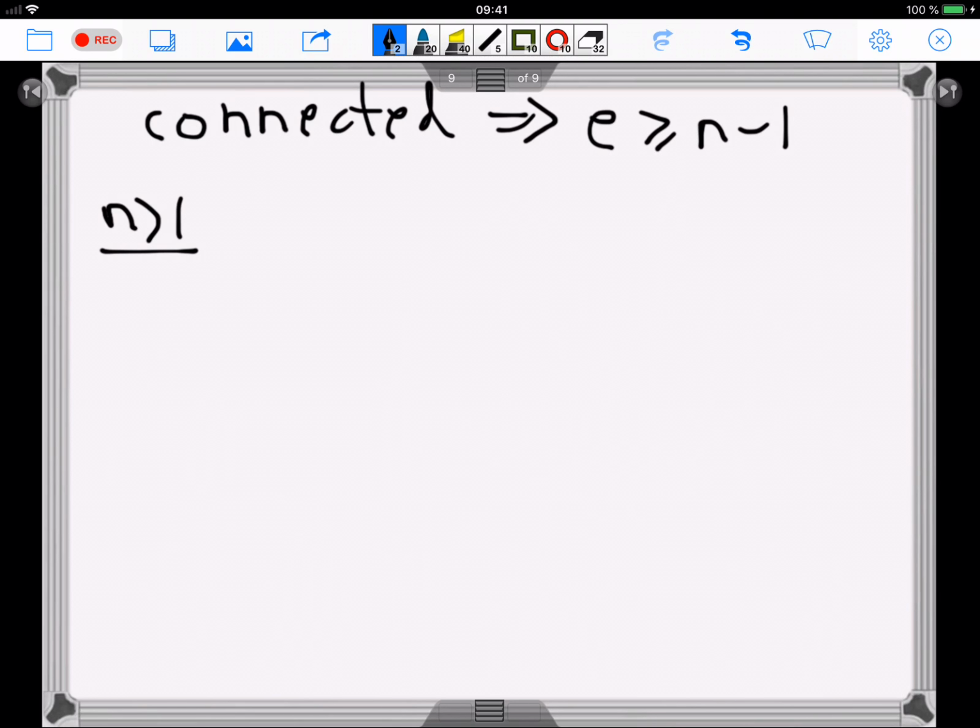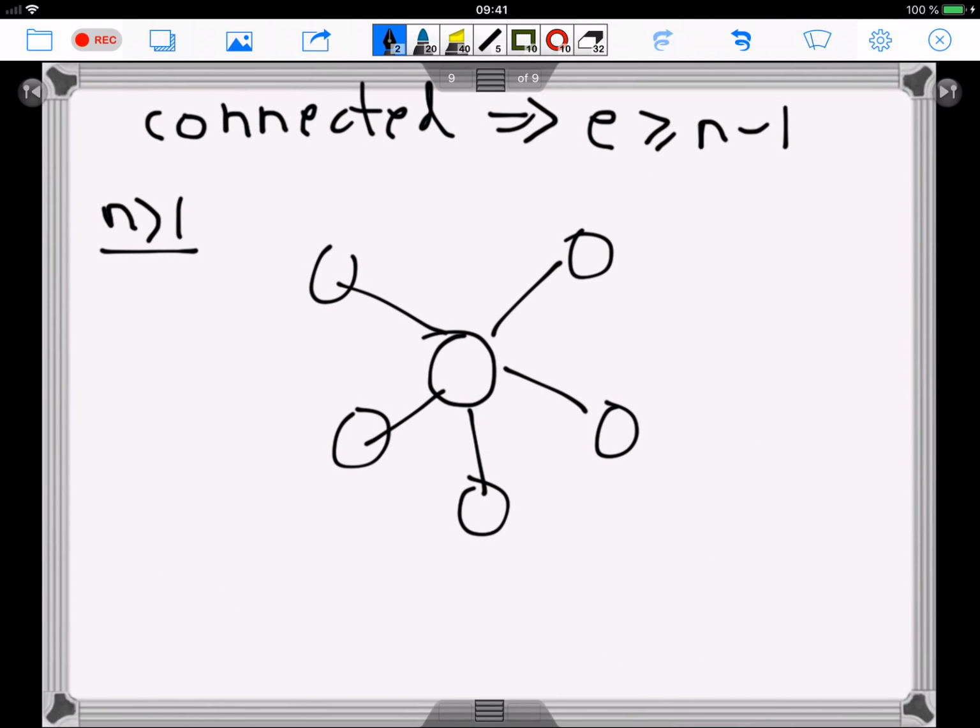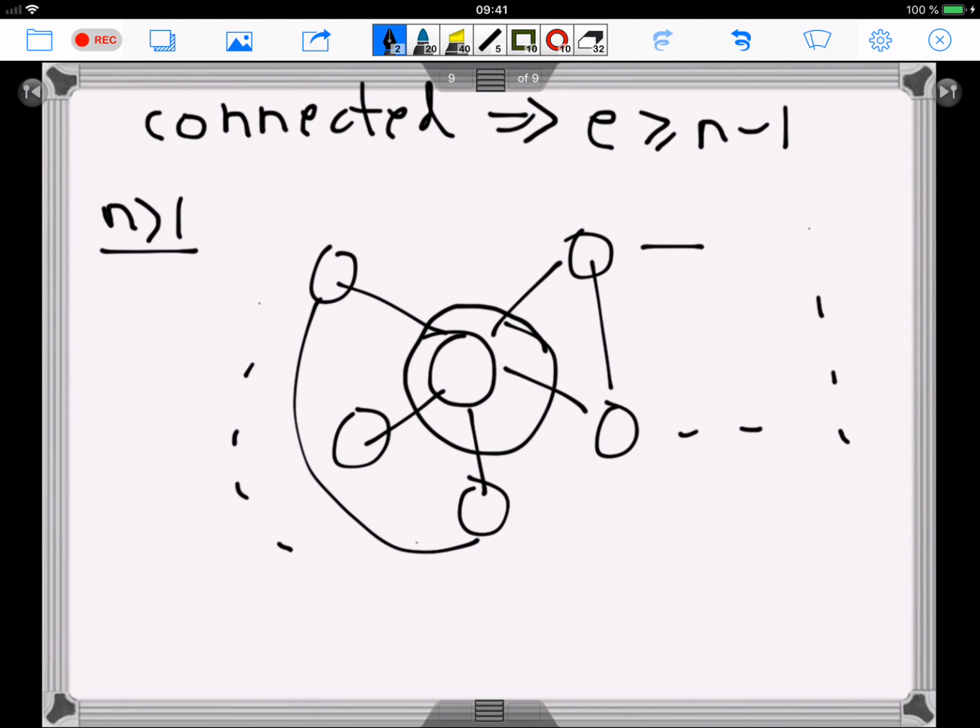Okay, so now we have a connected graph, so we could have something like this, with more vertices around here, this is connected to that one, many different edges, and the graph is connected. Okay, and now I'm going to focus on one of the vertices, this vertex here.